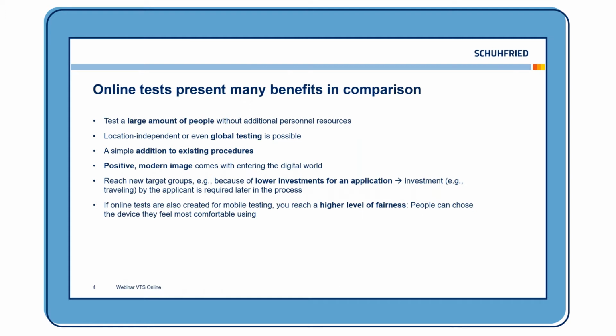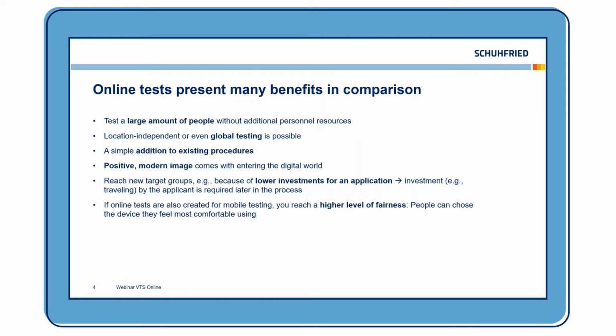When online tests are created for mobile testing, you can also reach a higher level of fairness for everybody. So in this case, people can choose whichever device they might feel most comfortable using. For example, someone who uses his smartphone and his tablet 95% of the time and rarely even uses a laptop or a computer.